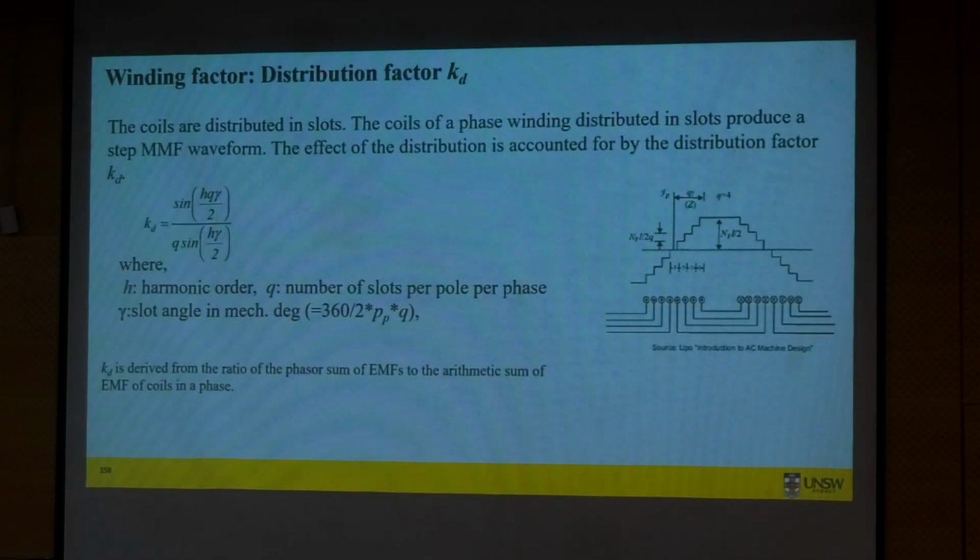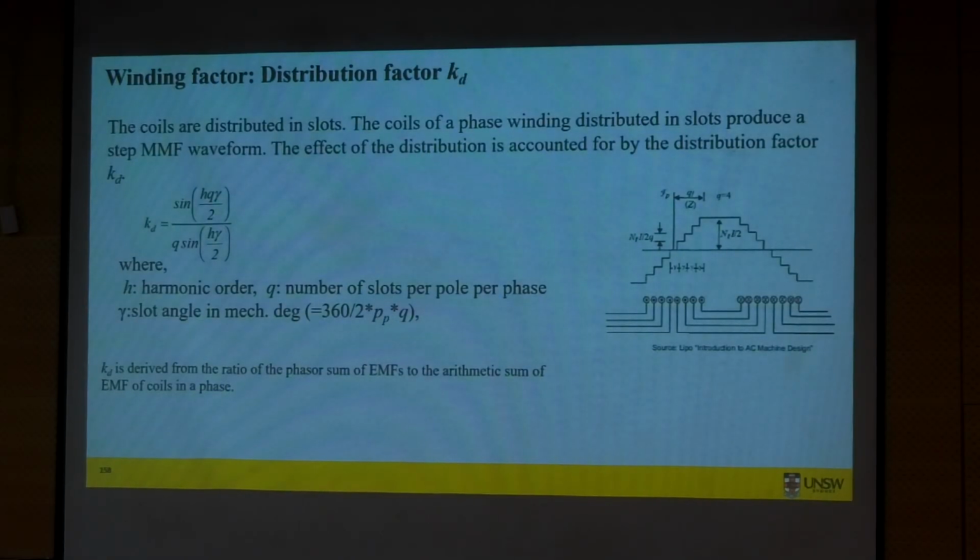And this is just coming from a classical textbook, how to calculate those winding factors. Distribution factor is always present in a distributed winding, even for concentrated winding. So that's why our winding factor is never equal to 1. It's always less than 1.